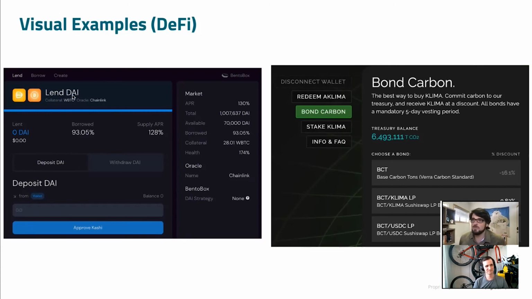But somebody who has a bunch of Bitcoin doesn't necessarily want to sell their Bitcoin. They think Bitcoin's going to go up. But they want to get some DAI, which is a dollar token. They want to get some DAI, and they're willing to put up some of their Bitcoin as collateral to get it. You can actually lend out some DAI and they will pay a pretty sizable chunk of money for that.